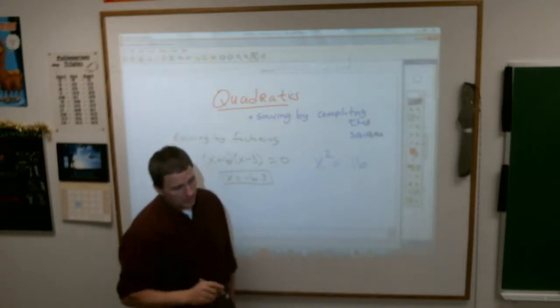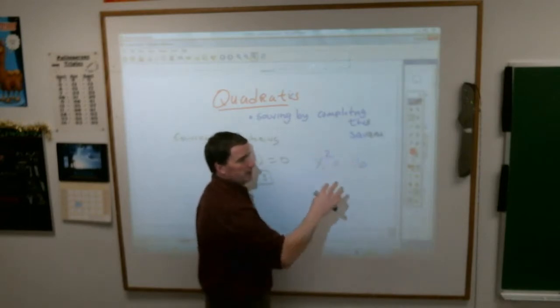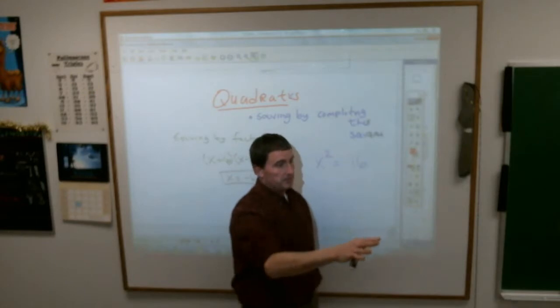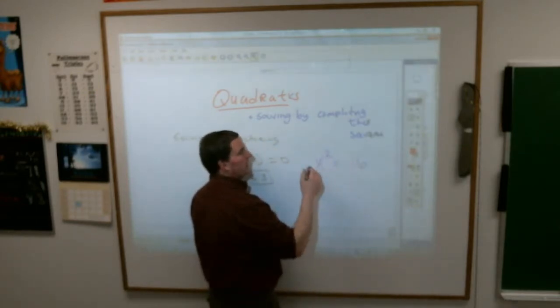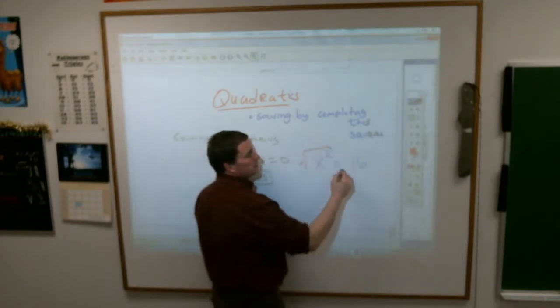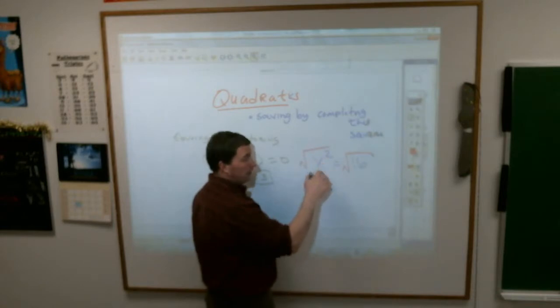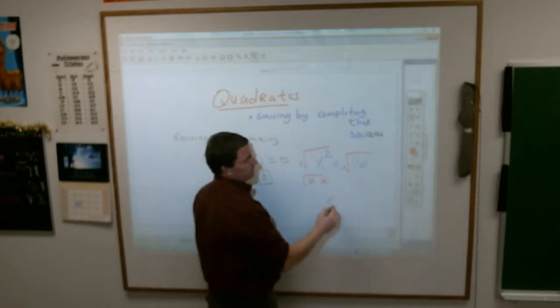Or, here's what you need to think about. There's that rule in equations that says as long as you do the same thing to both sides, you're okay, it stays equal. Well, what are we actually doing when we get 4 to this? We are actually taking the square root of both sides. Because the square root of x squared means x times x. So if you take the square root of x times x, what number times itself gives you x squared, that's where x comes from.